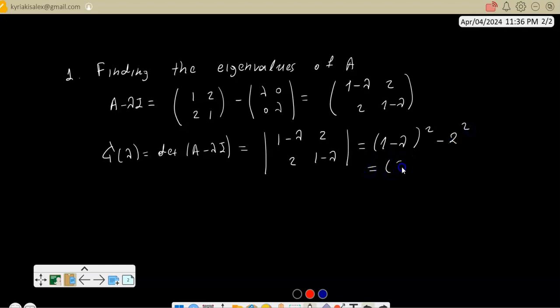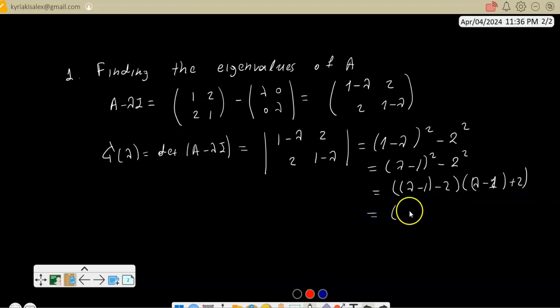This can be written as lambda minus 1 squared minus 2 squared. This is a difference of two squares, so I can use the known identity. This first bracket is lambda minus 3 times lambda plus 1.